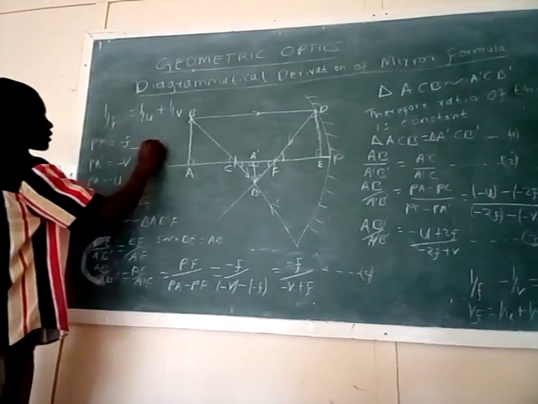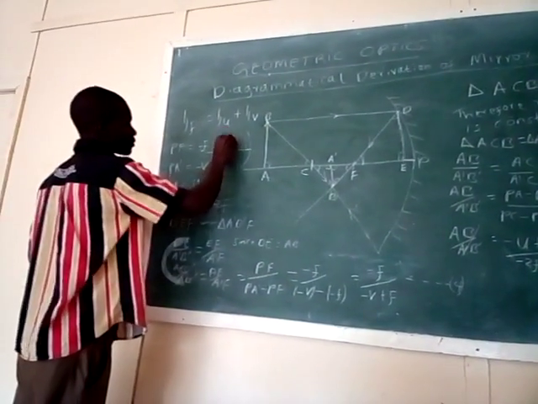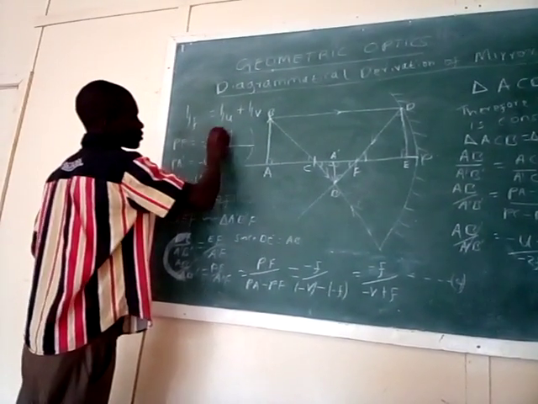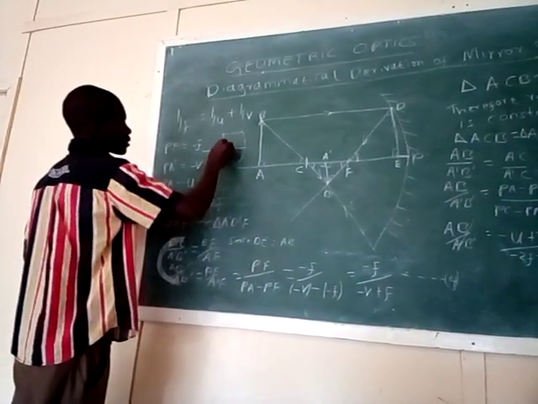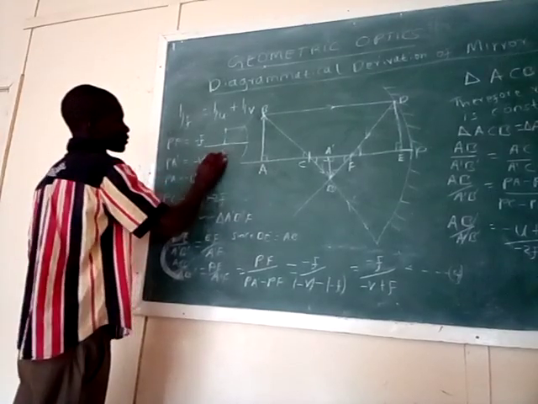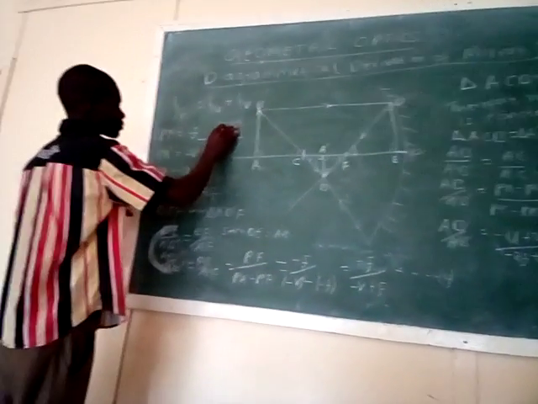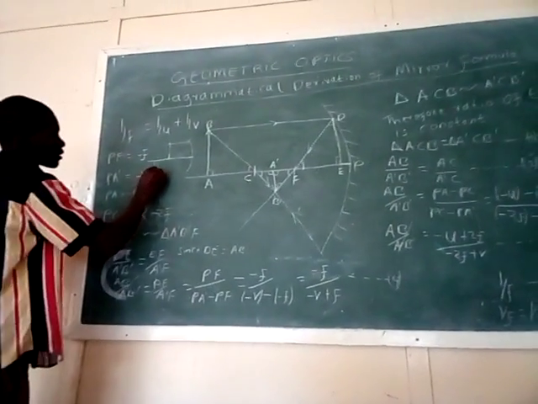Like now, let's say this is our mirror, and say we have an object here. We have the rays meeting somewhere here.